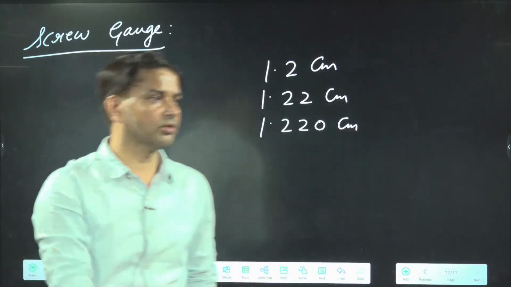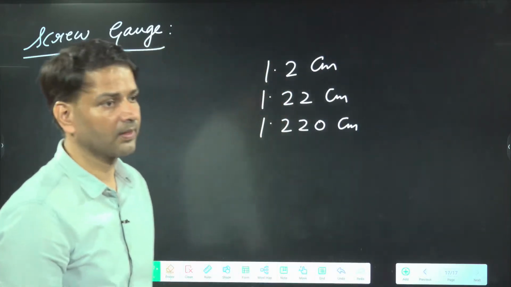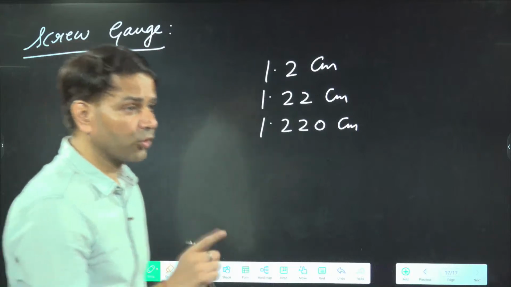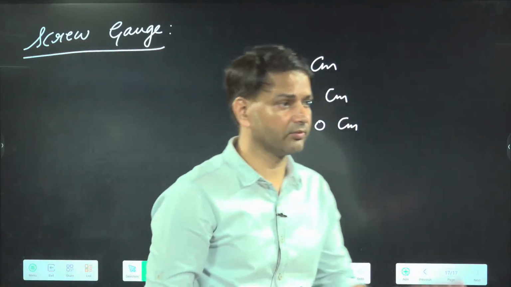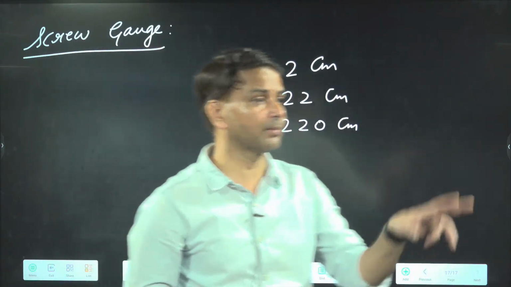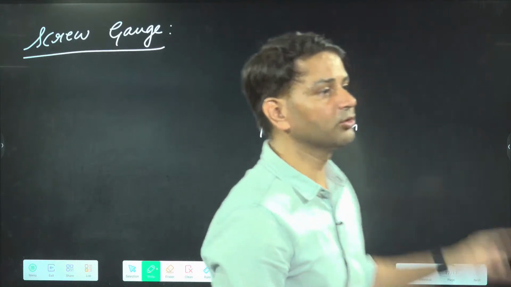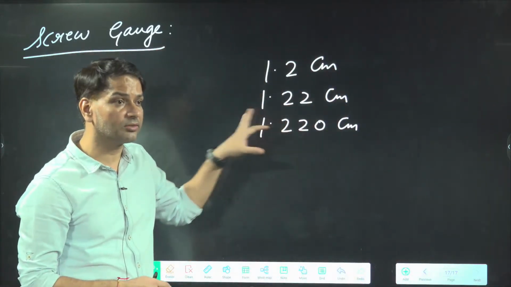Which data is accurate for the screw gauge? The third one. Why? From the significant figures we know that we have to write up to the 3 decimal place, because a screw gauge can measure up to the 3rd place of the decimal. So among these data, the third data shows the correct significant figure.